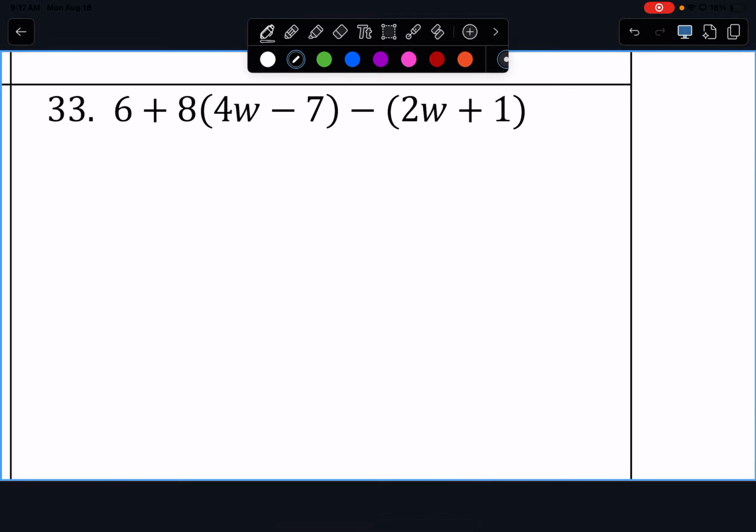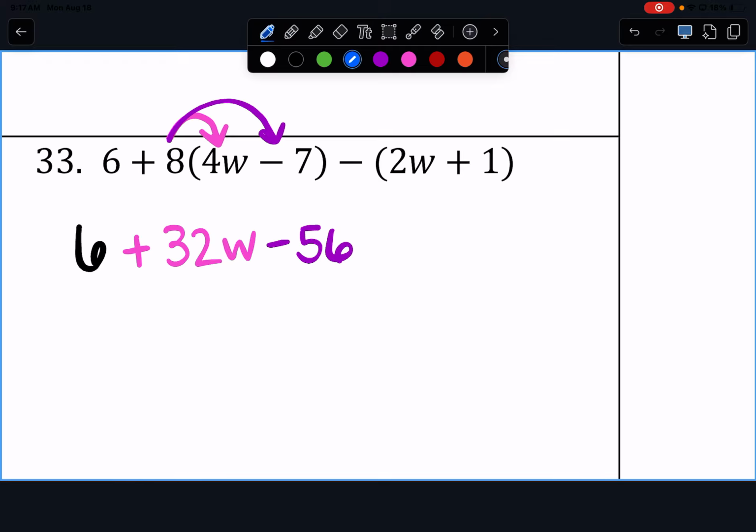Now, for the second half of this, what am I distributing? Negative 1. So negative 1 times 2w is? Then negative 1 times 1 is? Negative 1. Now we combine like terms.